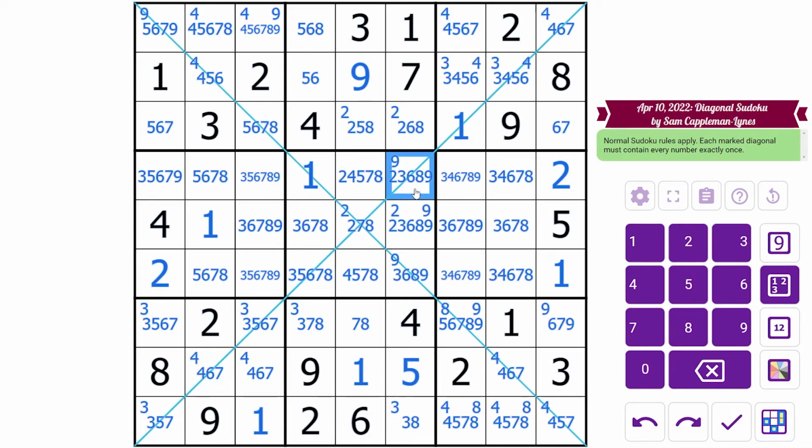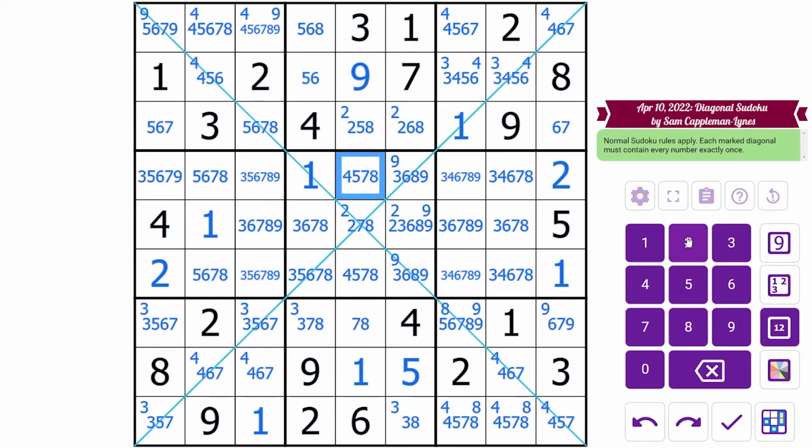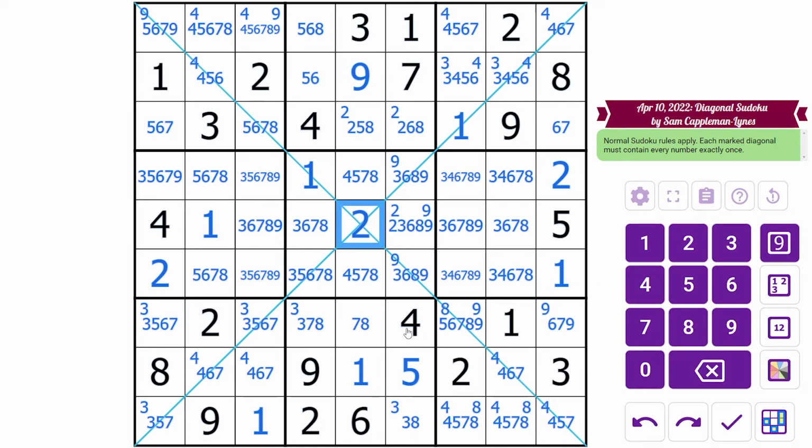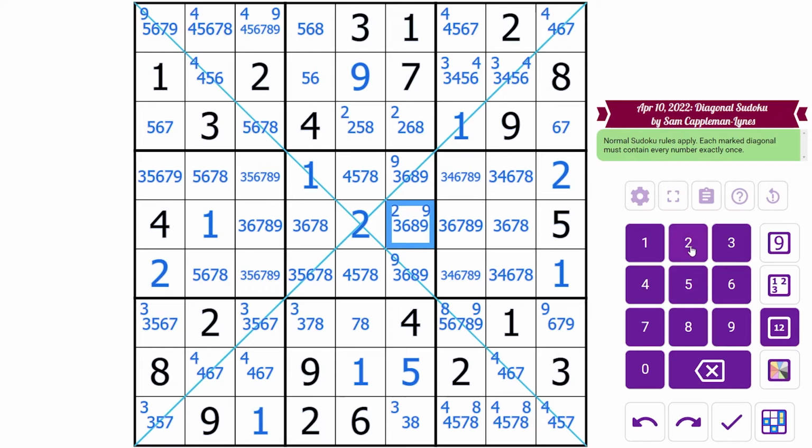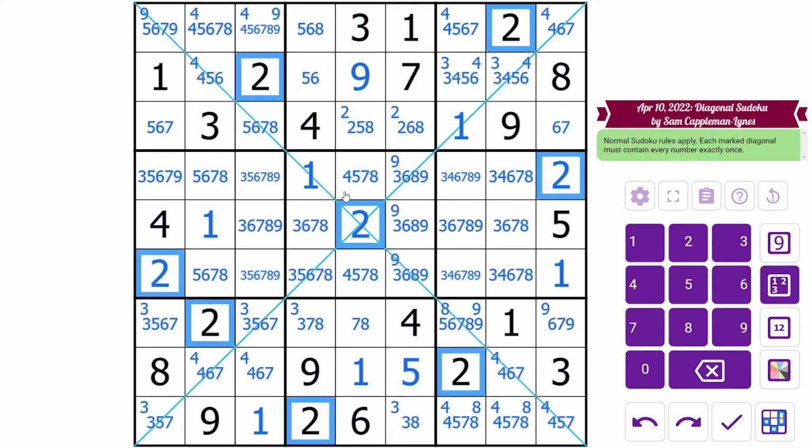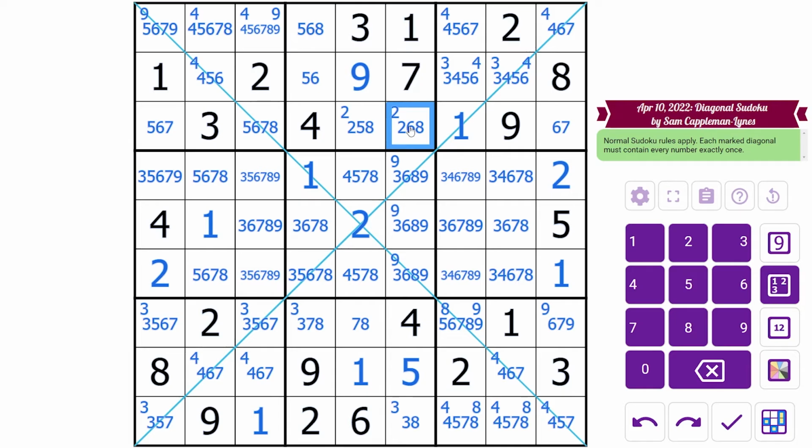That can't be a 2. I'm going to go ahead and remove that as well. This is our 2. In the center, this is no longer a 2 in any fashion. And this is now our 2.